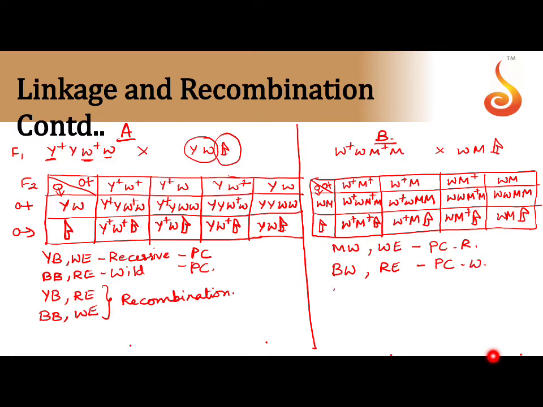Now, we are crisscrossing and seeing we have miniature wings and red eye, and we also have big wings with white eye. These two will become recombination.